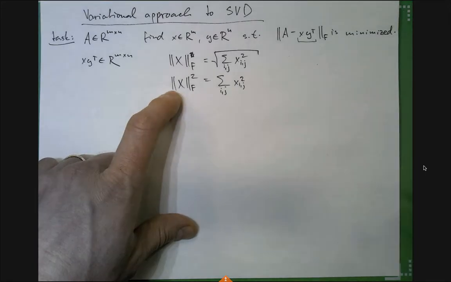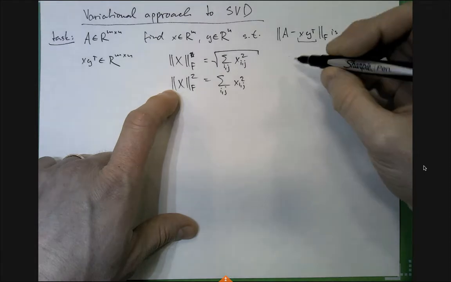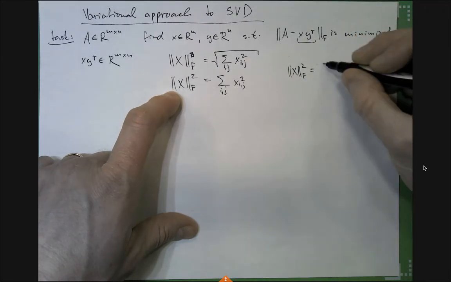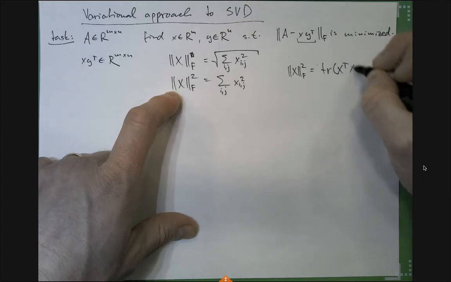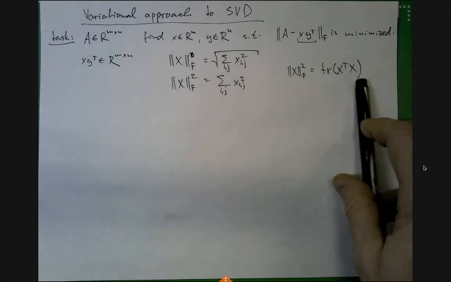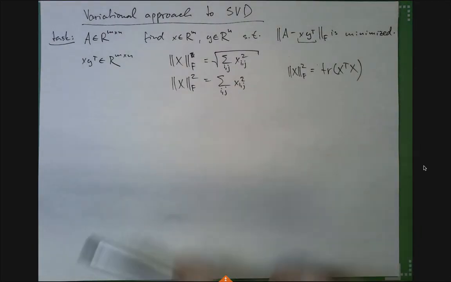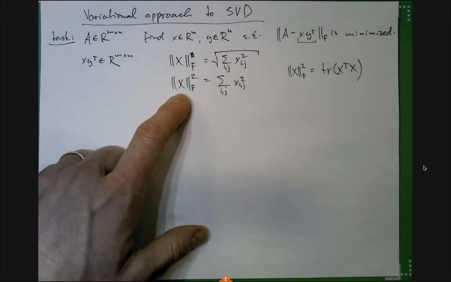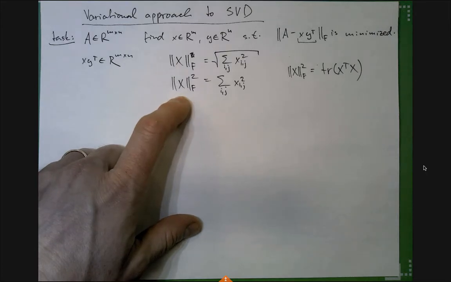The other way you can write it, and that's actually what we're going to need, is the squared Frobenius norm of X, you can also write it as trace of X transpose X. If you think about it for a second, that's exactly the same thing as this. Intuitively, the Frobenius norm essentially just tells you the magnitude of the matrix.